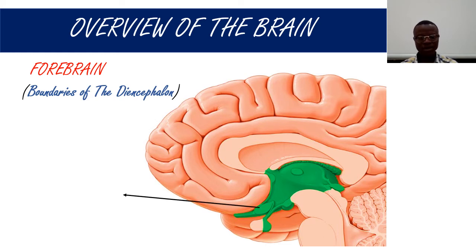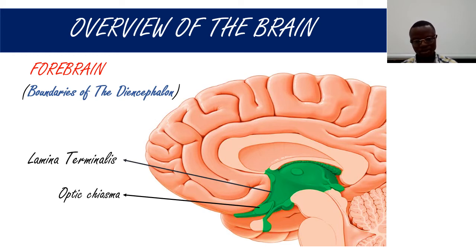Firstly, inferior here is the optic chiasma. So we have the optic chiasma located down here. Next, we have the lamina terminalis, which is the section that is highlighted here. And above the lamina terminalis is the anterior commissure, which is located here.